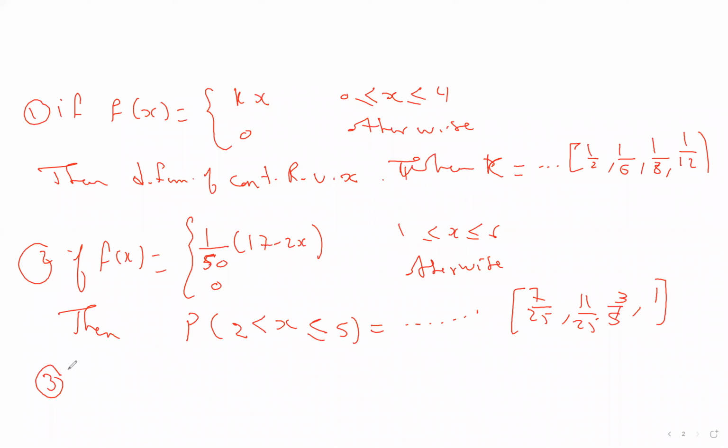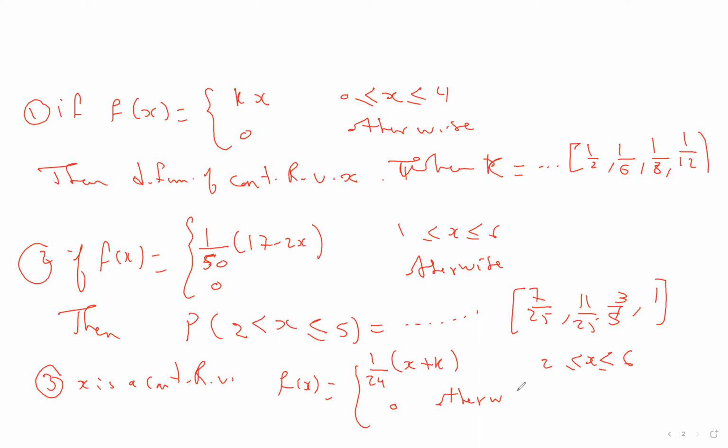Number 3, x is a continuous random variable, and f of x equals 1 over 24 times x plus k, when x is between 0 and 6, 0 otherwise. Find k, and number 2, the probability of x less than or equal.